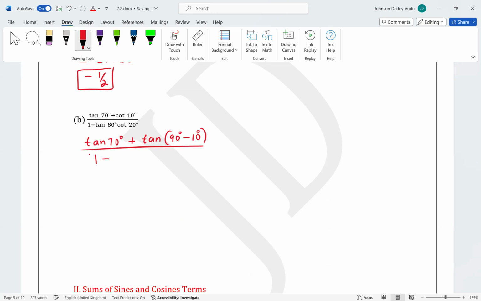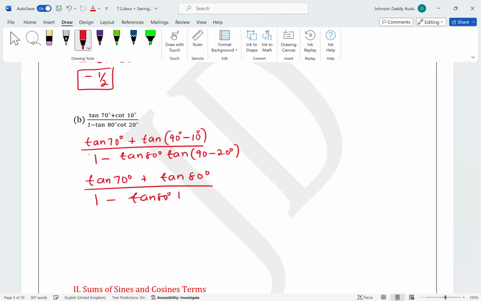Over, this is 1 minus tan 80, and then this is tan also 90 minus 20. So this becomes tan 70 plus tan 80 over 1 minus tan 80 and tan 70.